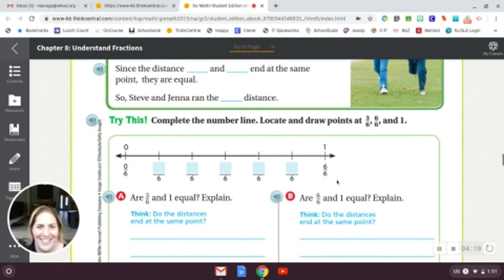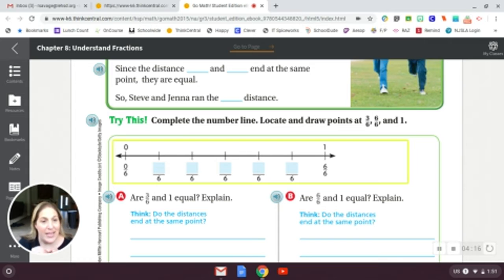I think that 6/6 is equal to 1 for a few different reasons. I know that any number over itself is equal to 1. I also know that I put a point on this number line and 6/6 and 1 were at the same spot. Okay, so that's how I know they're equal.